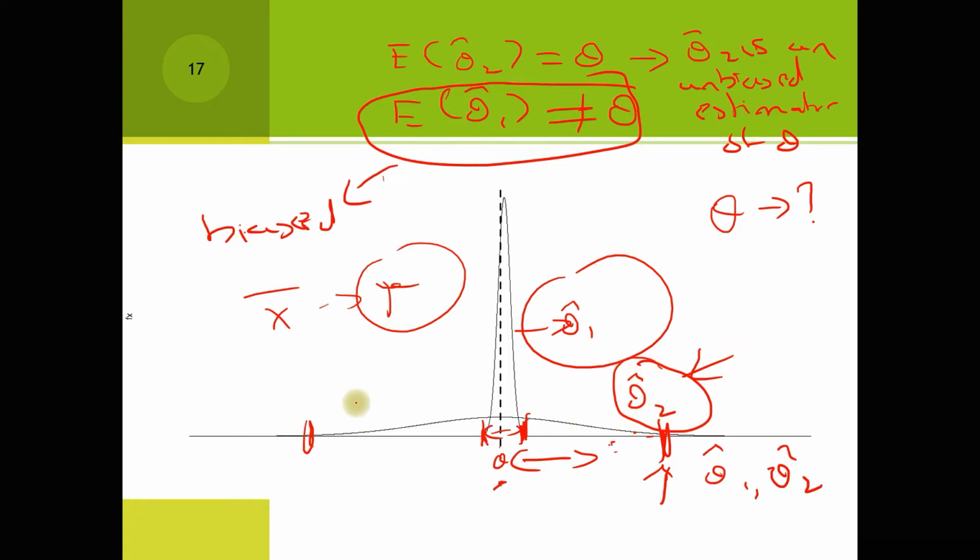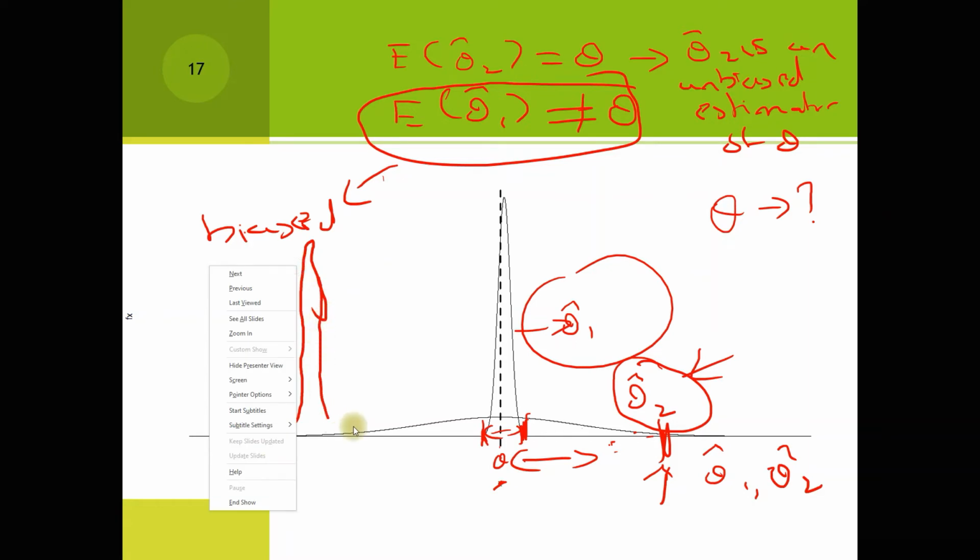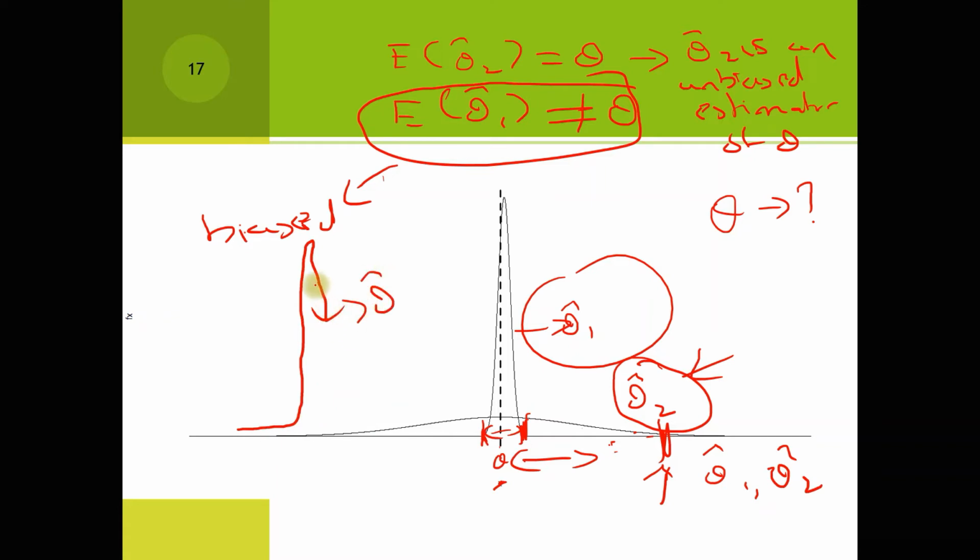Suppose I've got another estimator, theta cap 3, which also gives a very small variance like this, but it is very far from theta. Obviously, you won't use theta cap 3.